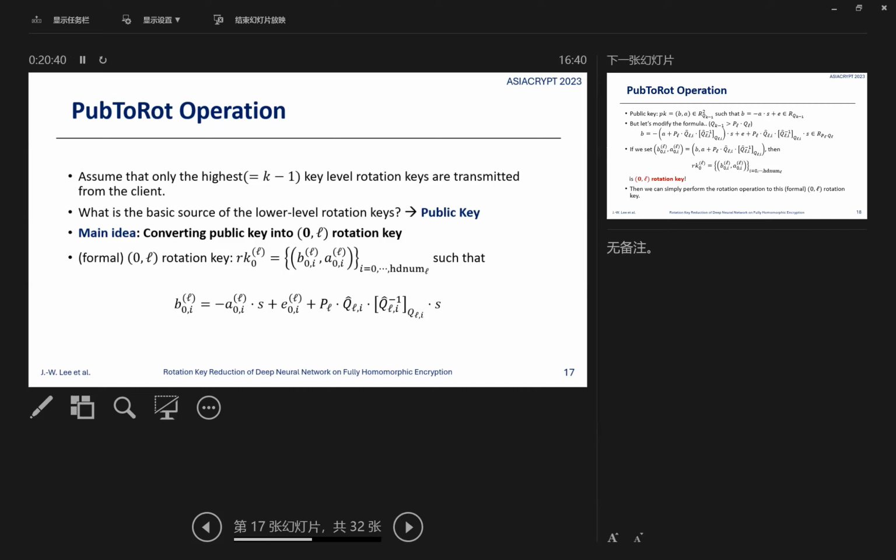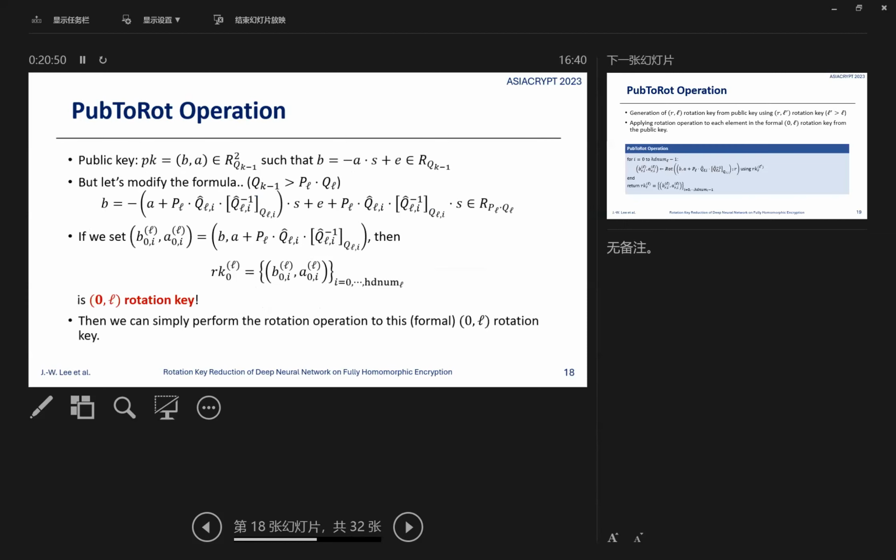So this is very similar to the public key. Let's compare the public key and the 0L rotation key. The public key is a simple RLWE sample, but let's modify this formula.